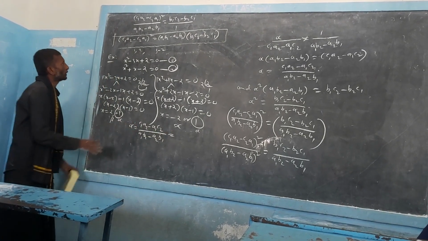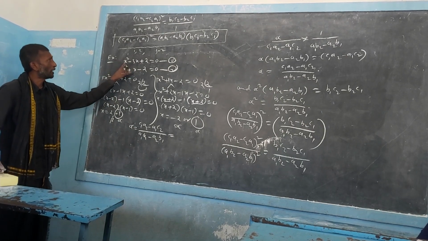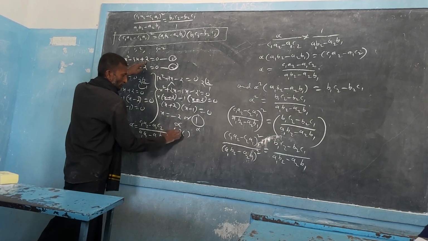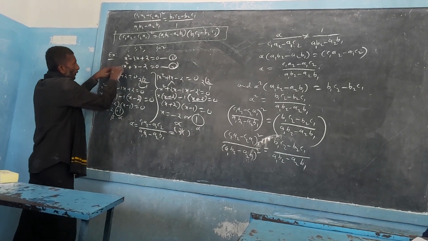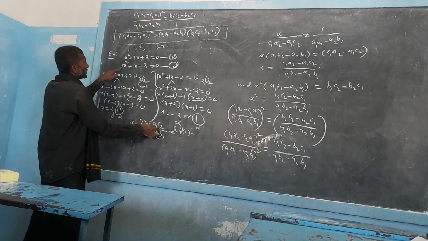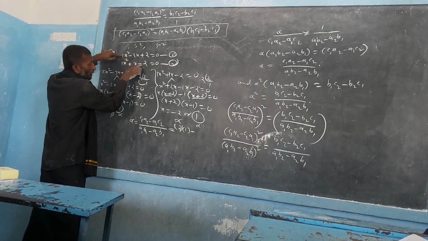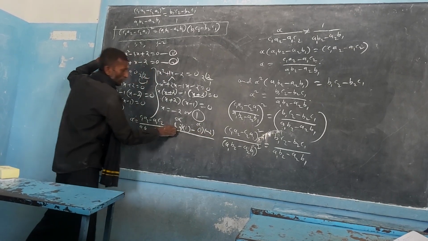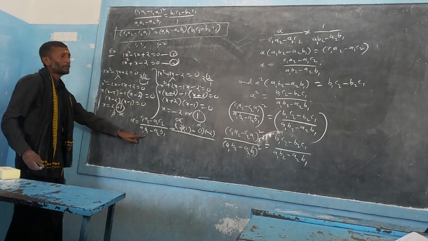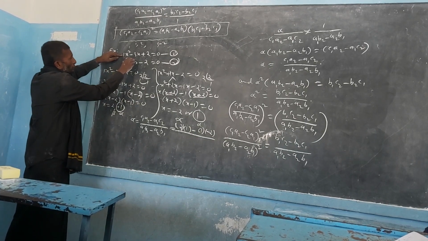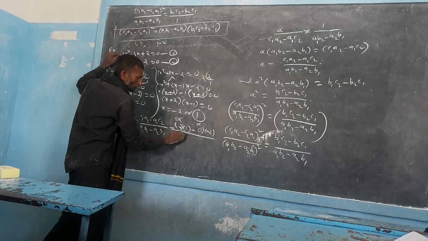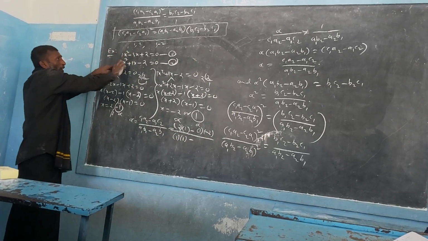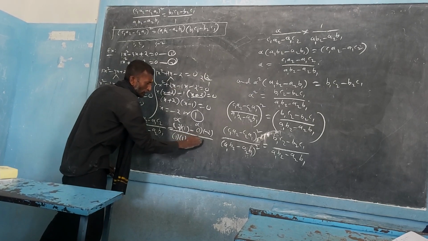Look here: C1 is 2, A2 is 1, minus A1 C2. A1 is 1, C2 is −2, so 1 into −2. Right? By A1 B2: 1 into 1, minus A2 B1. A2 is 1 and B1 is −3, so 1 into −3.